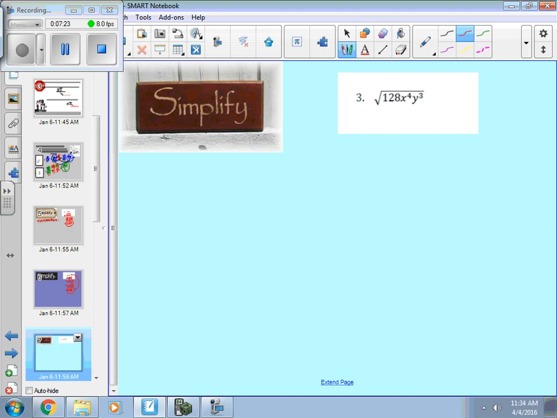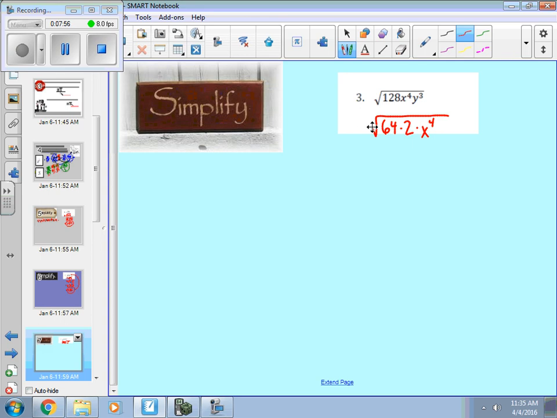All right, number 3. This one now, there's some variables getting added. So we want to think about, okay, let's start with the number. What's a perfect square that goes in there? 128. I think if we divide that by 2, we get 64, and 64 is a perfect square. So 64 times 2 is 128. Okay, it's also being multiplied by x to the 4th, and we can take the square root of x to the 4th, and that'll turn out nice.